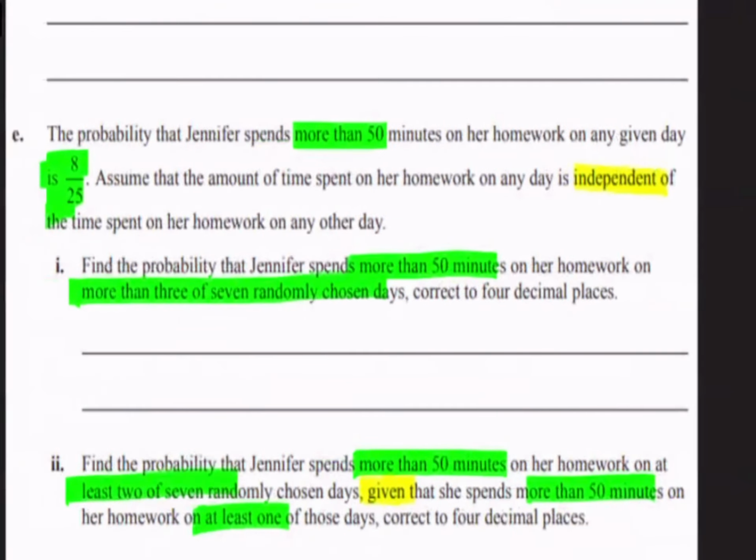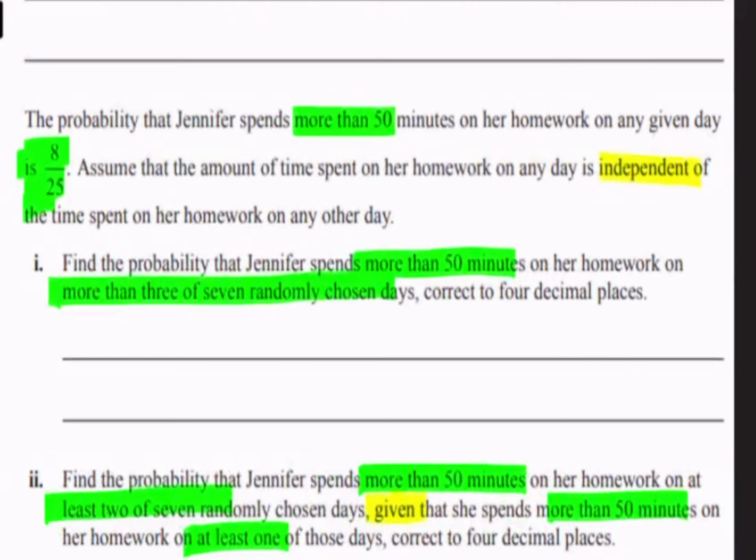It's about homework, and it's independent. Find the probability that she spends more than 50 minutes on her homework on more than 3 of the 7 randomly chosen days. So this is the probability that, say X, I'll let X be the number of days she spends.